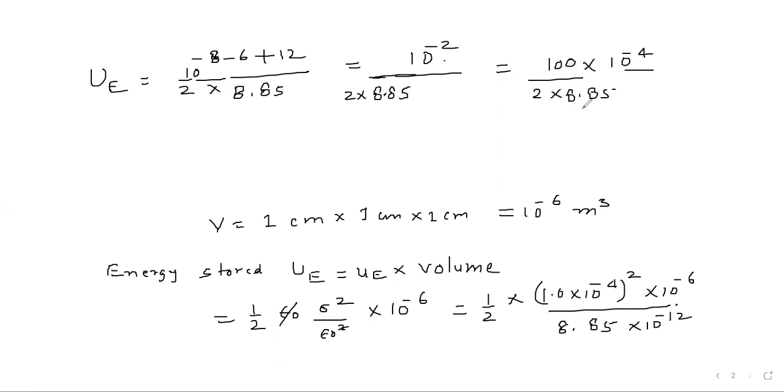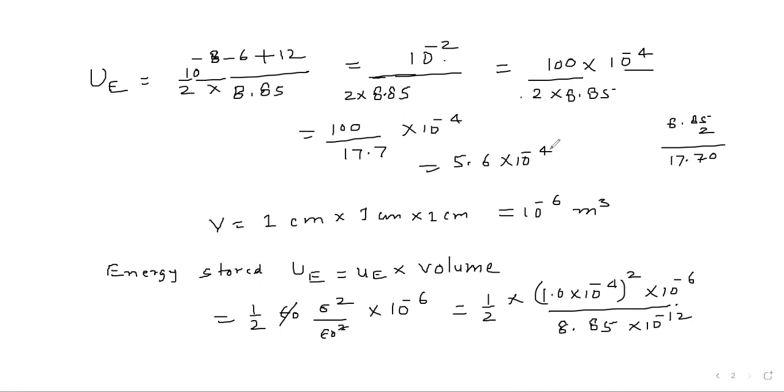So 100 divided by 8.85 into 2, that is 17.7. So 100 divided by 17.7 into 10 to the power minus 4. If we divide it, we will get 5.6 into 10 to the power minus 4 joule. So, which is our answer.